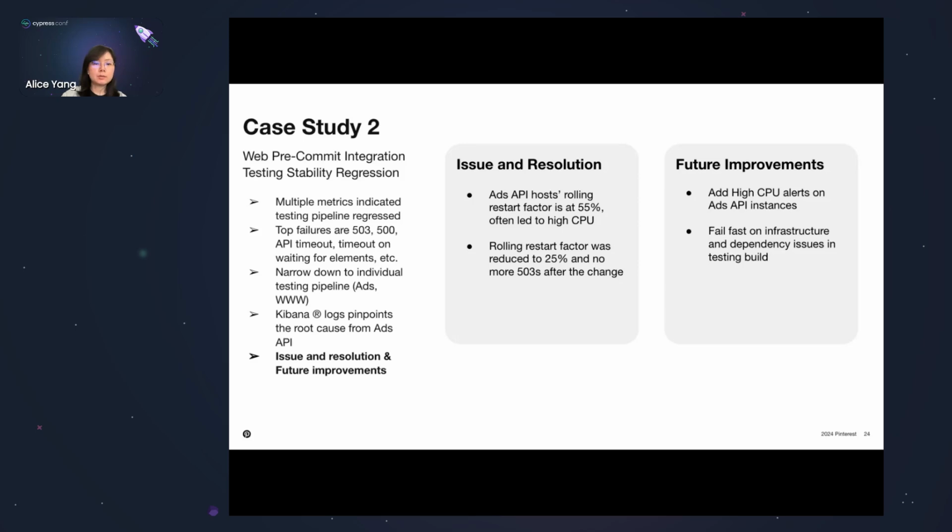And for future improvements, I'm sure the team has alerts, but I think this is something that will also be helpful for us to monitor, because that's one of our dependencies in the future for high CPU alerts. And one thing already planned for later this year in 2025 is that we are going to fail fast on infrastructure failures and dependency issues.